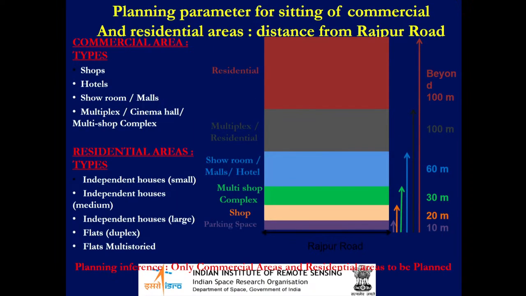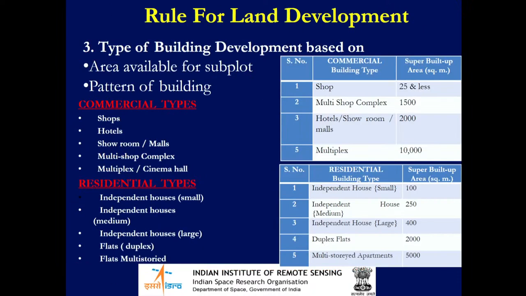So in this case it's basically a distance-based rule. If you have a road, there are different norms, like if you want to build larger residential areas, there has to be a proximity of 100 meters, multiplexes and so on. So showrooms of one size, multi-complex and so on. So the specific constraint has been put in. These constraints are also taken as part of the input rules for future development.